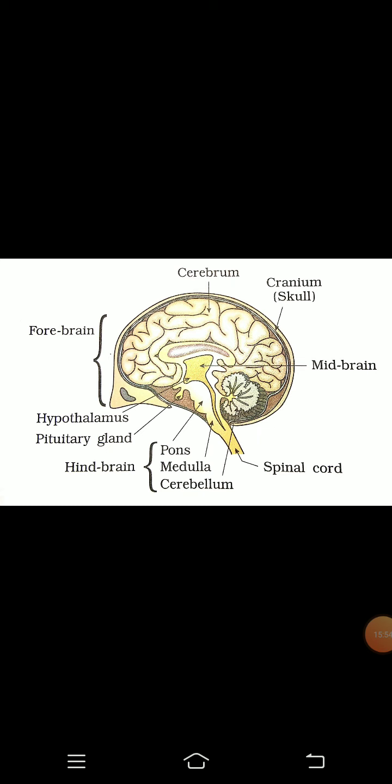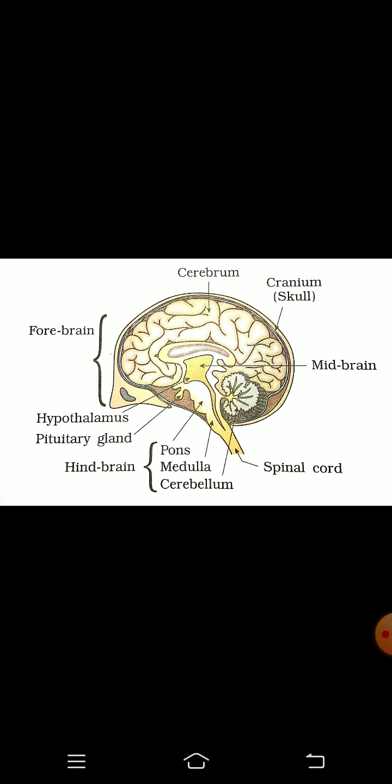The second part of the hindbrain is the medulla, which controls involuntary actions. What are they? Blood pressure, salivation, vomiting, all these. And the third one, which you can also see in the figure, is the pons. The pons helps with regulation of involuntary actions like respiration.